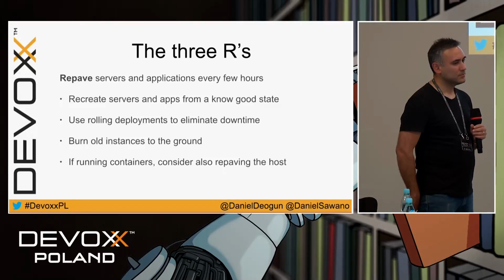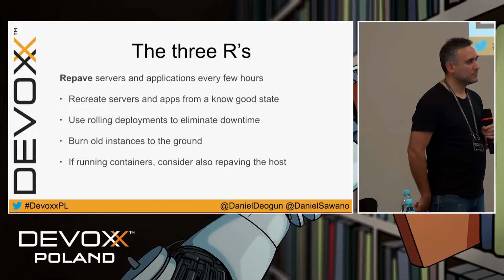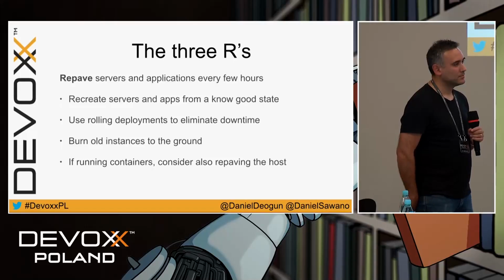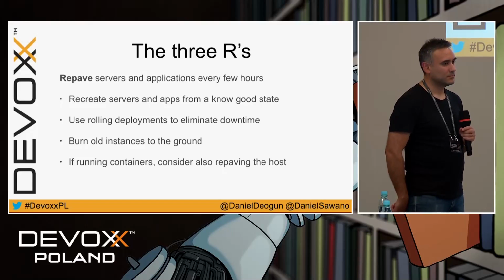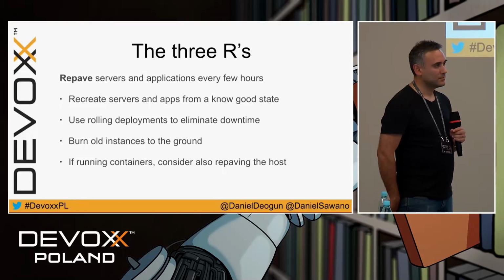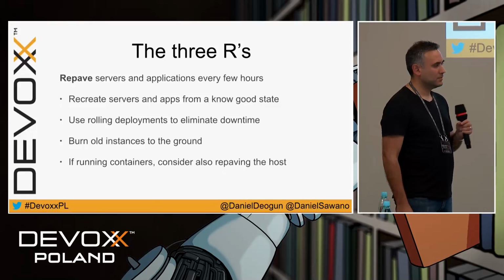When you recreate your servers, you want to recreate them from that known good state. If you're running on a platform, it will probably provide you with rolling deployments and so on. So you can create a new instance, kill off an old one, create another new one, and kill off another old one, without any downtime. Basically, you're just constantly replacing all your server instances.